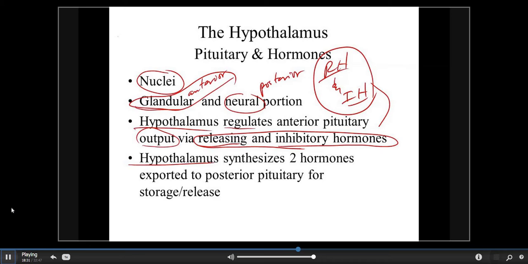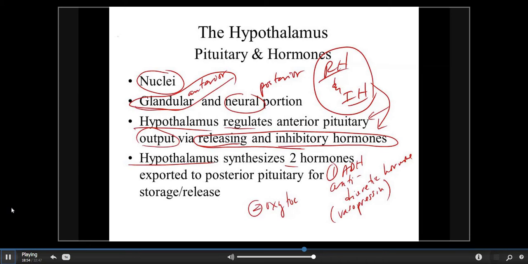Then you have two hormones to be specific. You have your ADH, that stands for antidiuretic hormone, or they also call this vasopressin. That's one of the hormones. The other one is oxytocin.